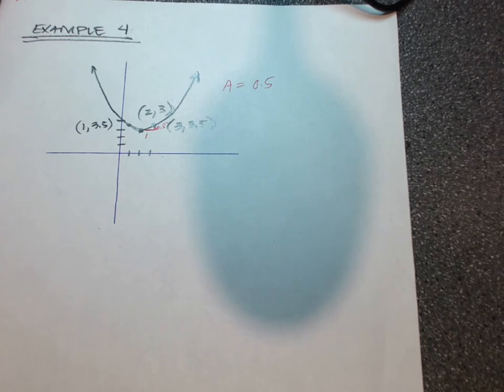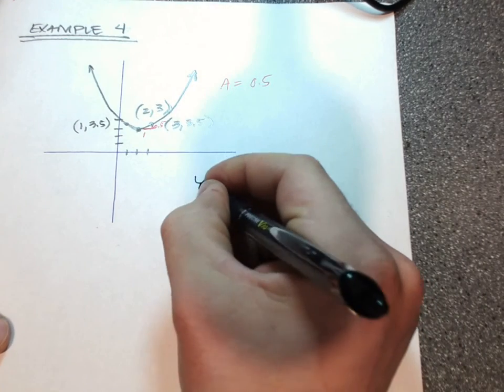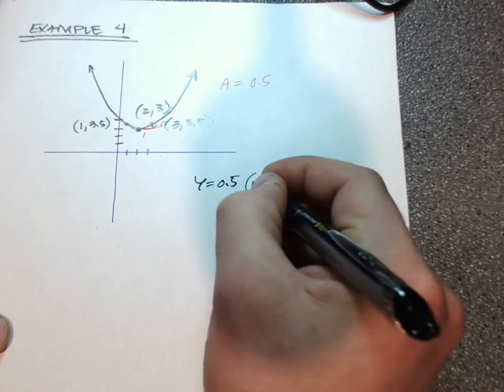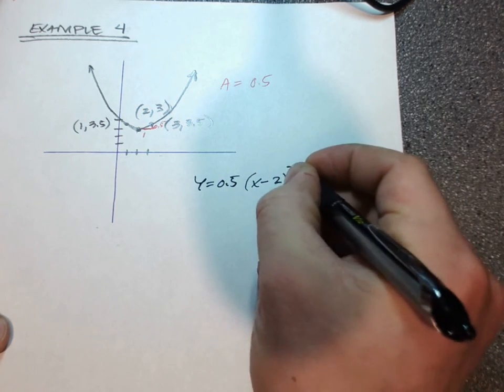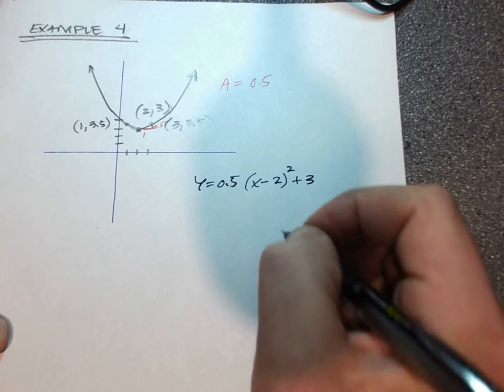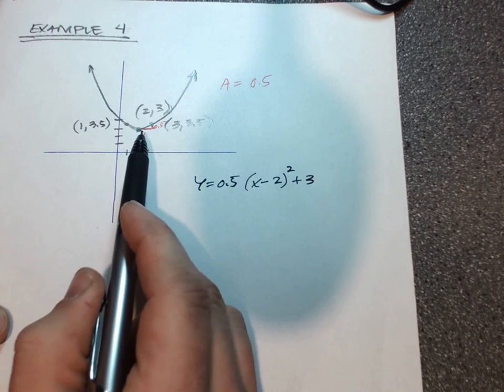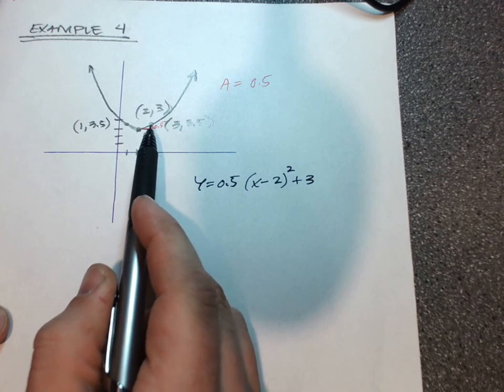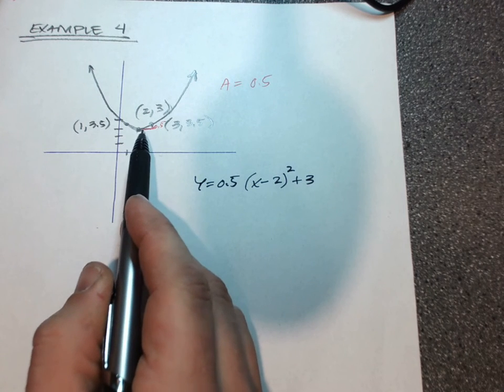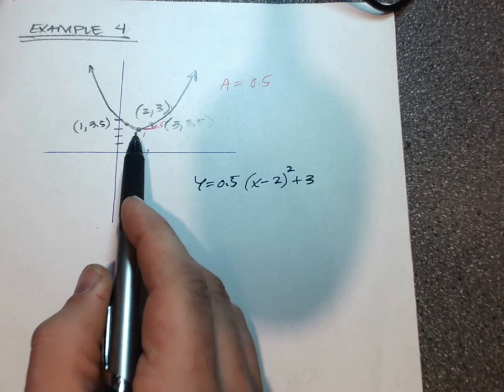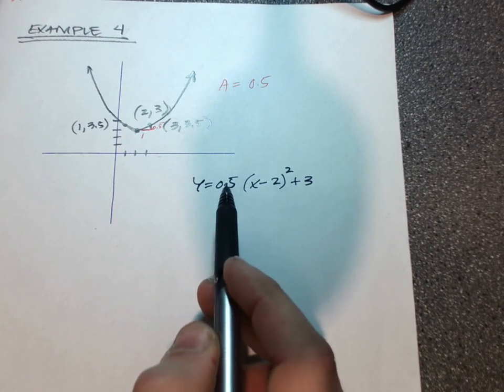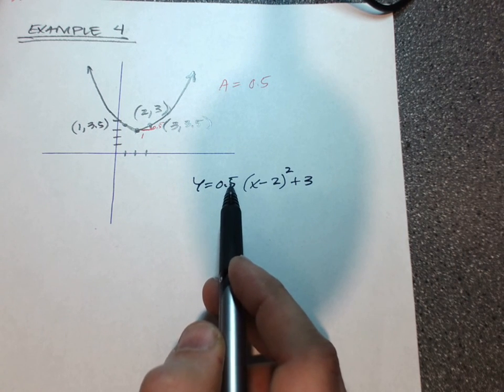The equation is very similar: y equals 0.5 times x minus 2 squared plus 3. So if it's easy to see the next point, you can just do a slope triangle and figure out what that proportion is, and that is always the a value.